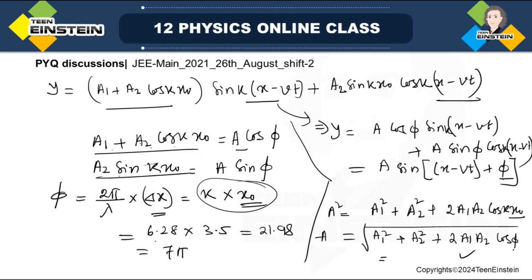Otherwise, with cos pi you may make mistakes, or come across some difficulties in calculation without a calculator.